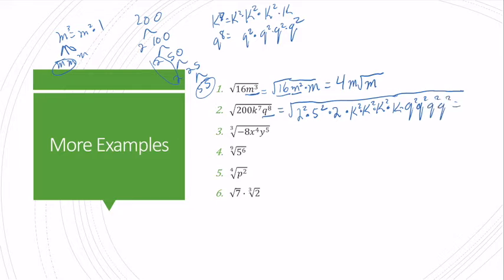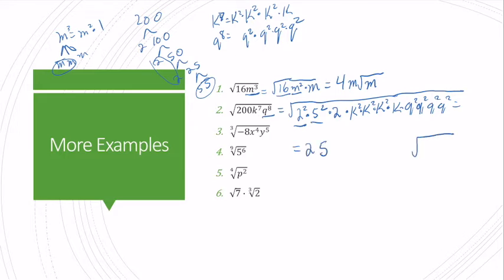Okay, that's going to give me the square root of 2 squared gives me, let me erase a little bit of this. Okay. So this gives me a 2. Square root of 2 squared is 2. Square root of 5 squared is 5.